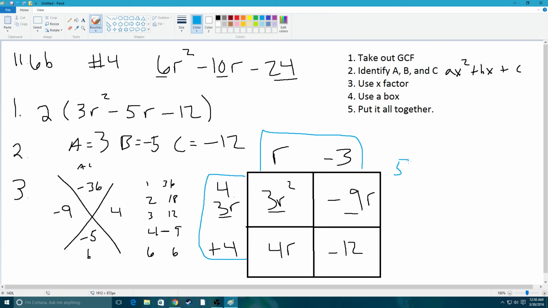So step 5, put it all together. Your answer is going to be in parentheses 3r plus 4, r minus 3. And don't forget, at the very beginning of our problem, we factored out a 2. So that 2 has to make his return.